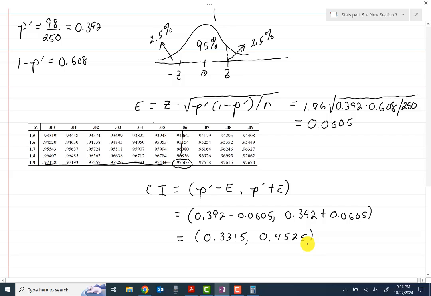So somewhere between roughly 33 and 45% is what our true proportion is. That is to a 95% confidence.